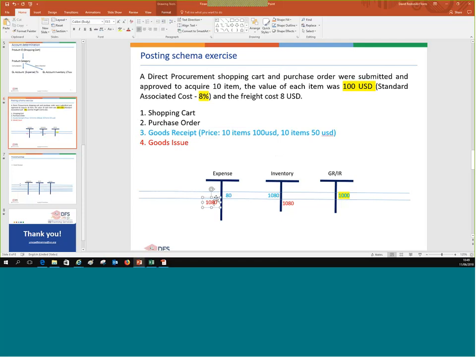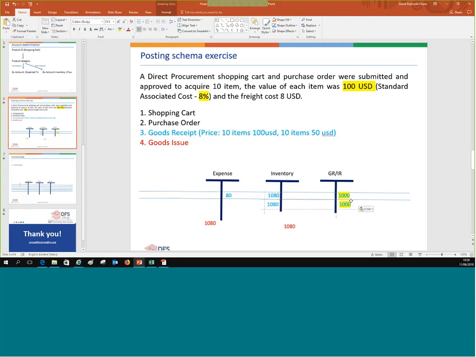And now we said that we are buying also something else. So we are buying another 10 items, and their price is 50. So what would be now the amount that we have to pay? We said 10 items at $50. So now we have to pay $500.